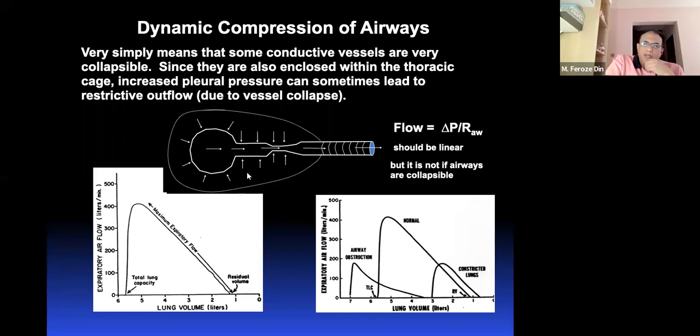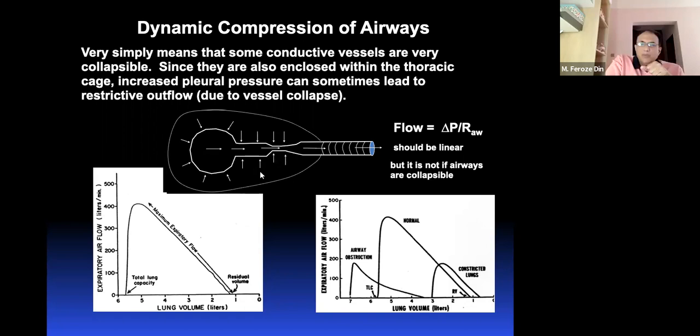we call it evolution, we call it creation, it doesn't matter, it's the same thing. You find that certain parts of the terminal respiratory bronchial tree are actually weaker, more collapsible than the alveoli.